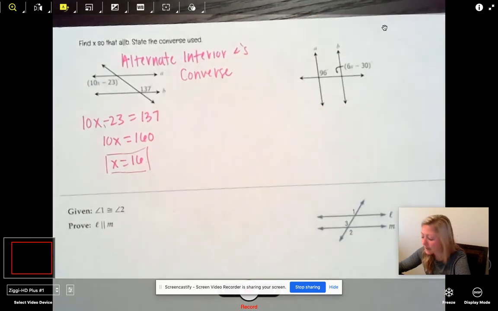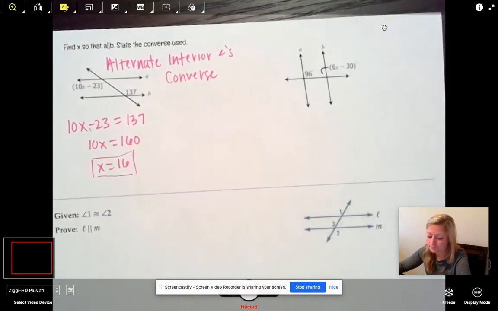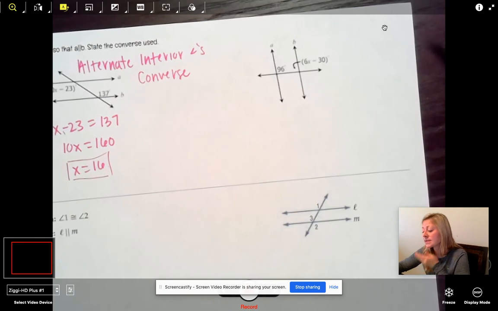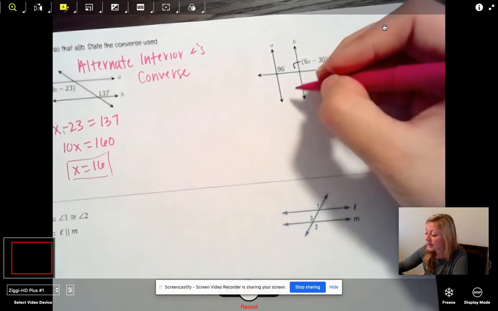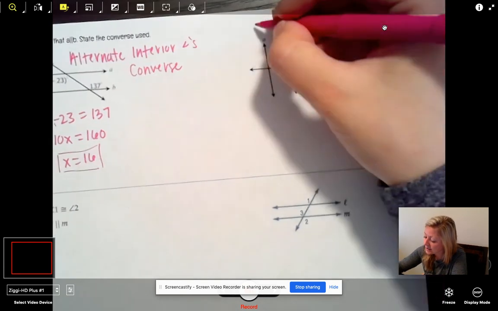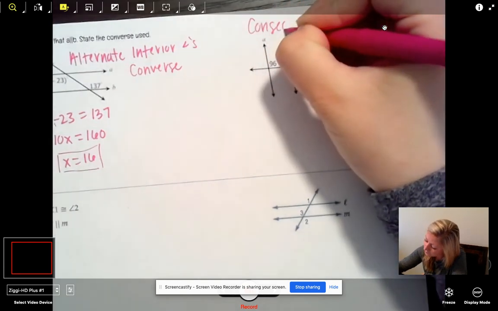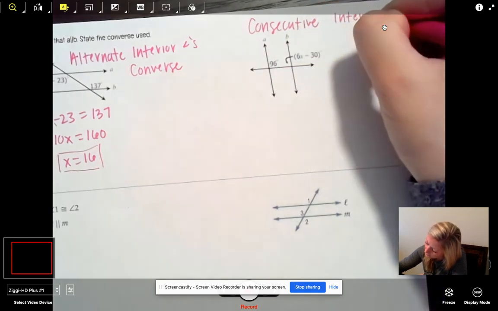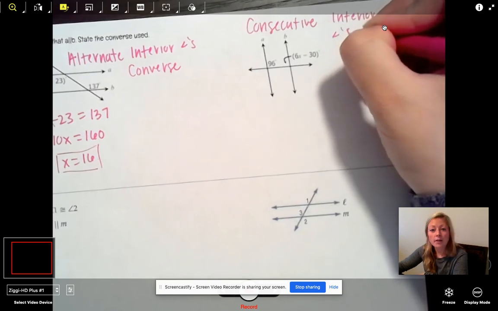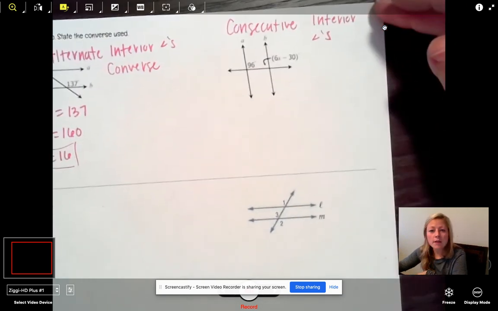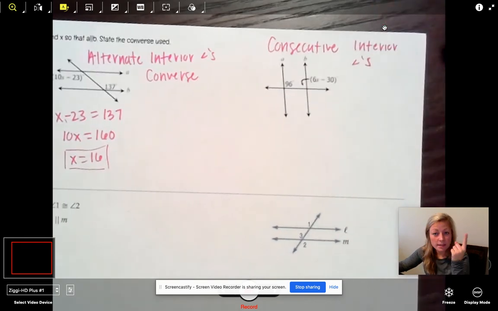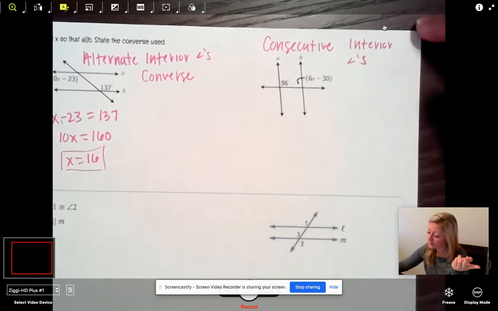Okay, last one for our notes today. What kind of angles are we dealing with, kids? If they're on the same side on the inside, these are considered consecutive interior angles. So now we're wondering, consecutive interior angles, are these equal to each other or supplementary?